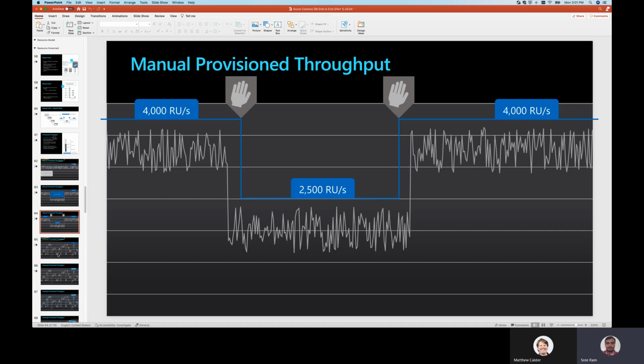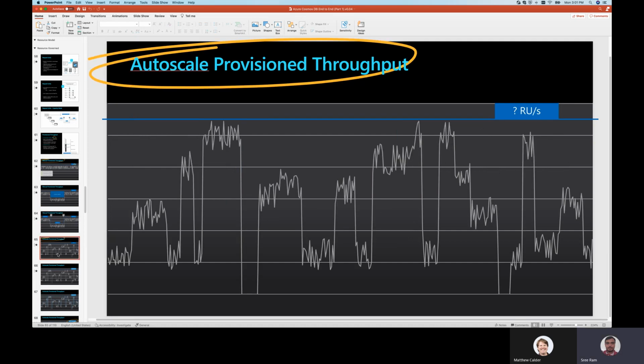So this is where we choose autoscale provisioned throughput. What autoscale provisioned throughput does is it creates a higher end for your RUs. Let's say your application is like so, and let's say the higher end is 4000. 10% of that, 400 RUs, is the lower end, the minimum.